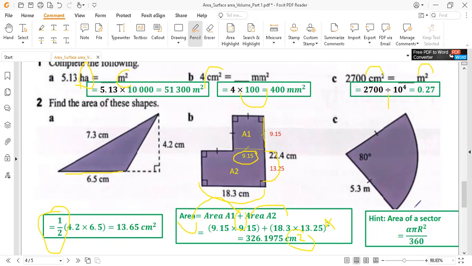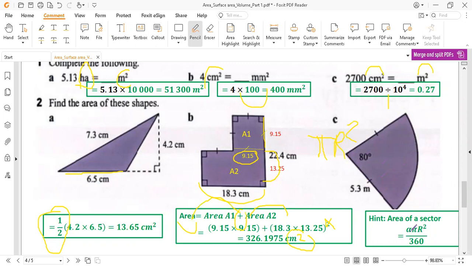Here we have a sector. We have a portion of a circle. We know that the area of a circle equals pi r squared, but we have here a portion and not the whole circle. So normally the area of a sector equals alpha pi r squared over 360.